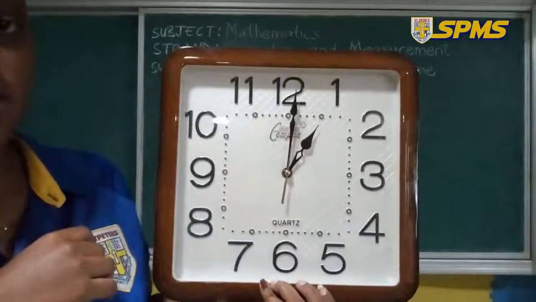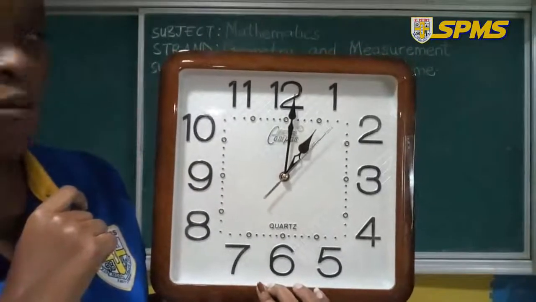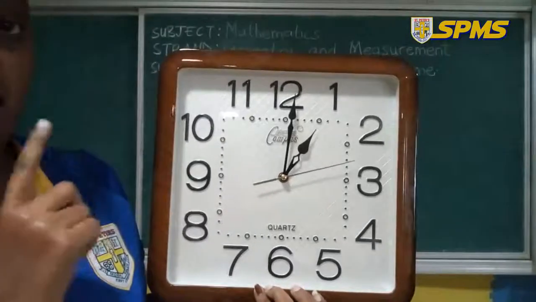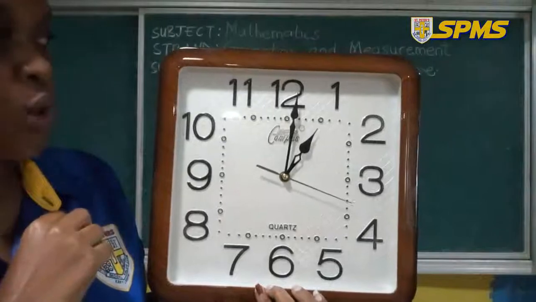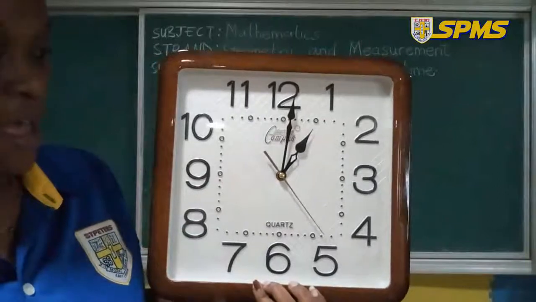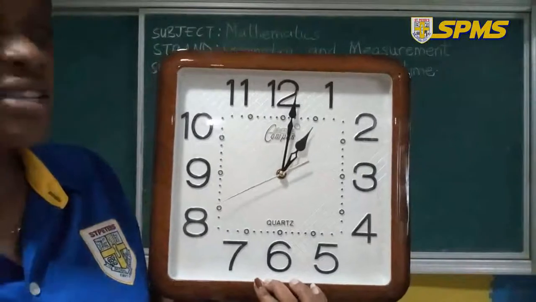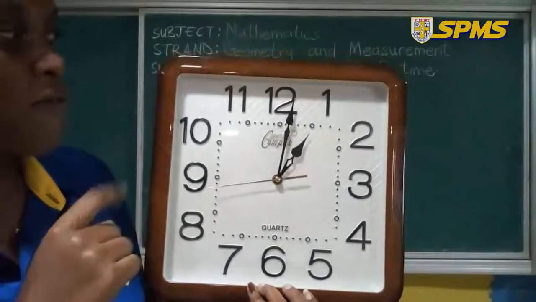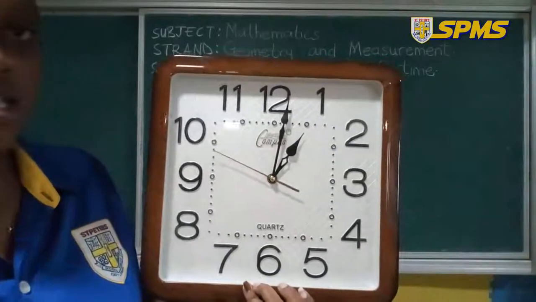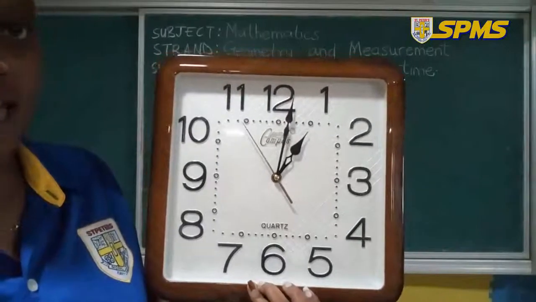How many minutes will give us one part of the clock? And then how many minutes for the other? Remember, we have divided our clock into two parts. So from 12 to 6, how many minutes do we have? And from 6 to 12, how many minutes? When the minute hand moves from 12 and back to 12, it gives us 60. So half of 60 will be what? Very good, 30.